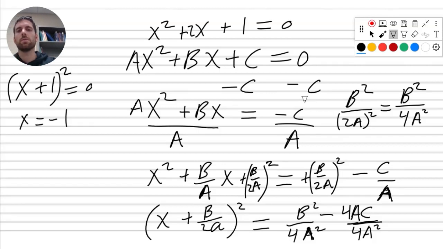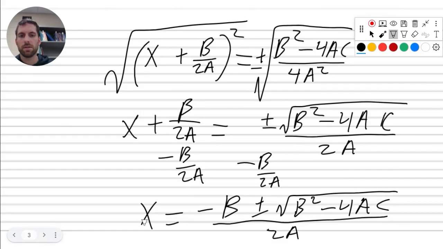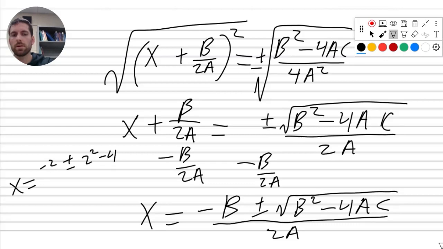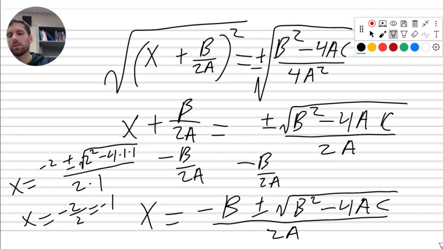So if we do the same thing here, where a is 1, b is 2, c is 1, we can just plug in that formula. So b is 2. Negative 2 plus minus the square root of 2 squared minus 4 times 1, over 2 times 1. And this is going to be 0, 4 minus 4, square root is going to be 0, and we're going to get x equals negative 2 over 2, or negative 1, like we should. So it works, long story short.